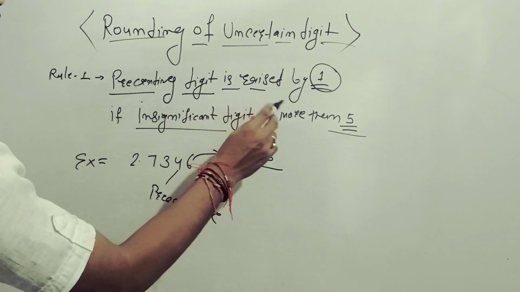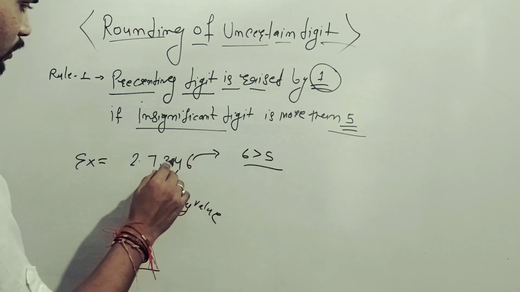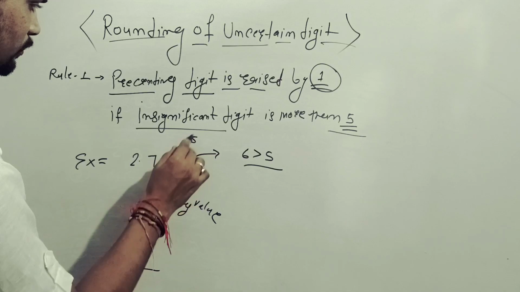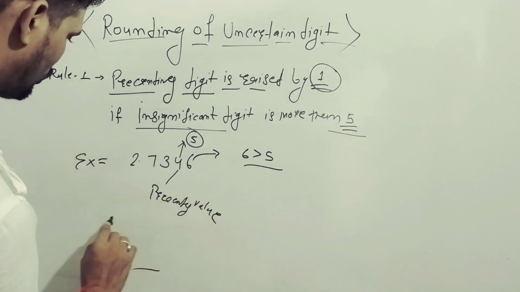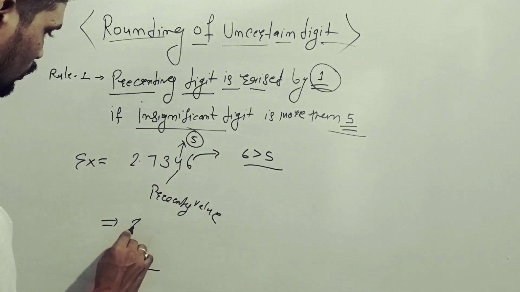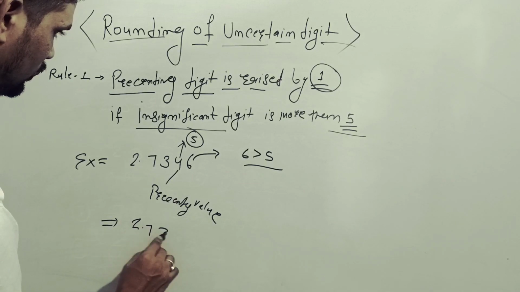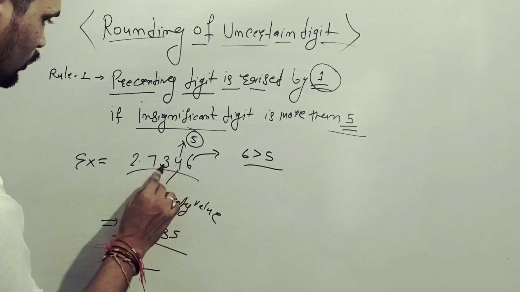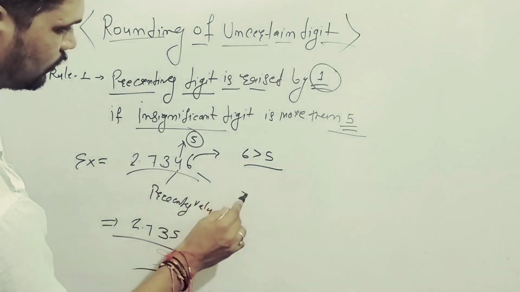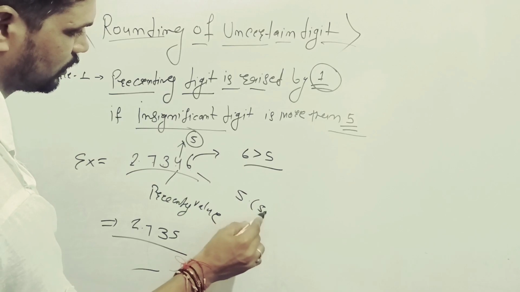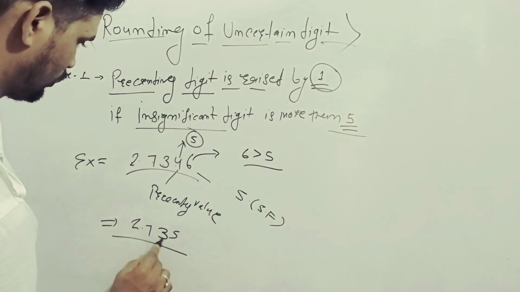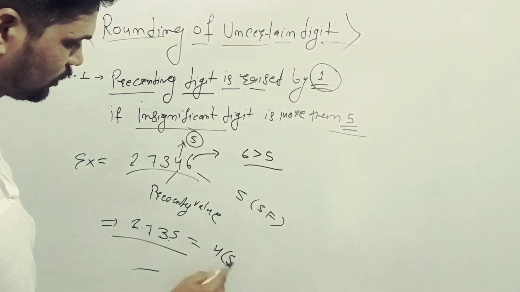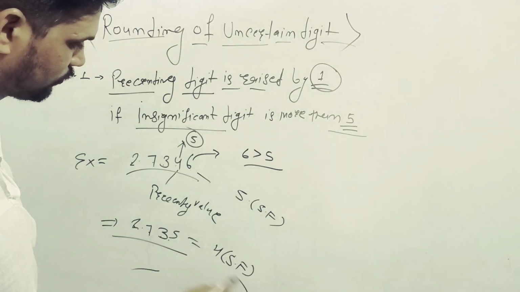Then the preceding value is raised by 1, so 4 becomes 5. The resultant is 2.735 because the 6 is greater than 5. The significant figures were 5, and after the preceding value is raised, the significant figures are 4.